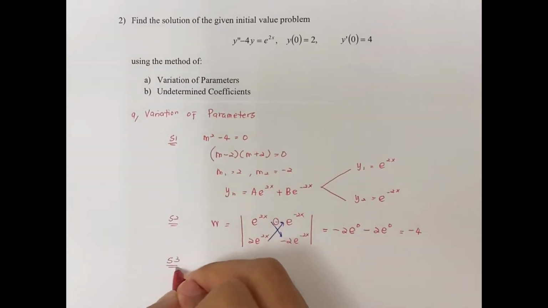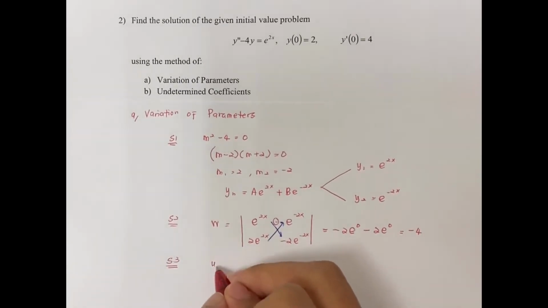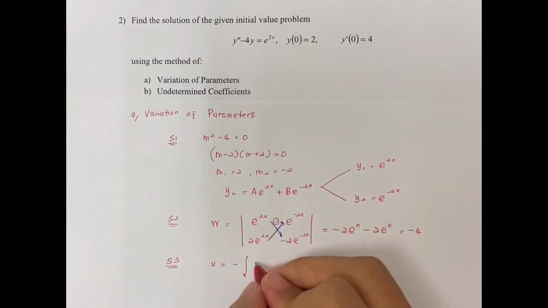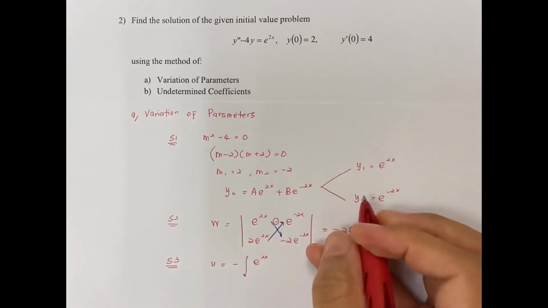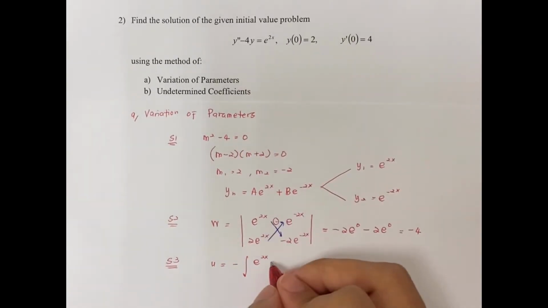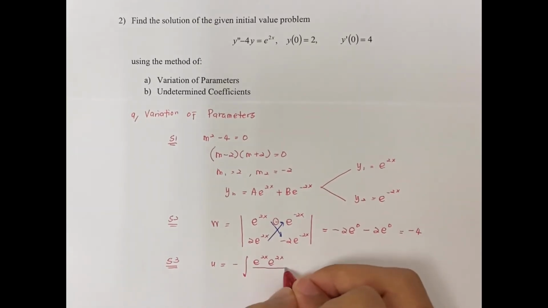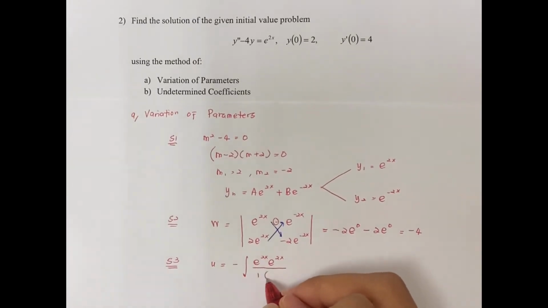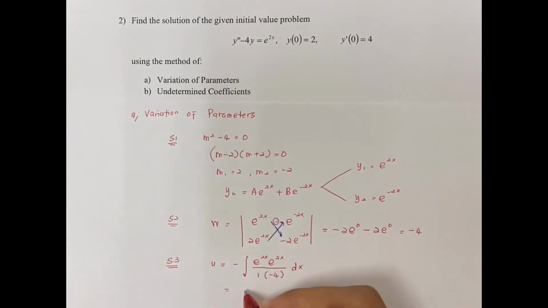Step 3, okay, find what is u. So u is equal to minus y1. y1 is exponent 2x. Multiply by fx. fx is exponent 2x divided by a. a now is 1. So 1 multiplied by W negative 4 dx. So you need to do the integration for exponent 4x divided by 4, okay, dx.